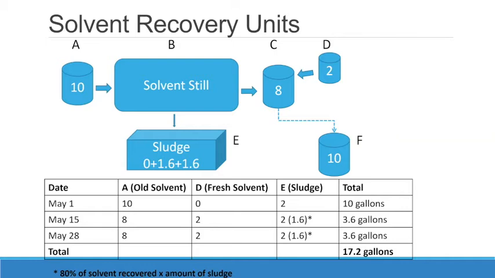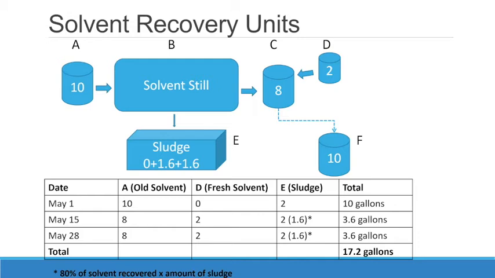There is in the regulations the opportunity, if you immediately recovered the solvent, the counting is a little bit different. But in this example, we're going to assume that solvent had been sitting there waiting to be recovered by the still. In other words, we're going to collect some small volumes till we get a sufficient amount to run a still. And that's a common scenario because the solvent stills don't run continuously.